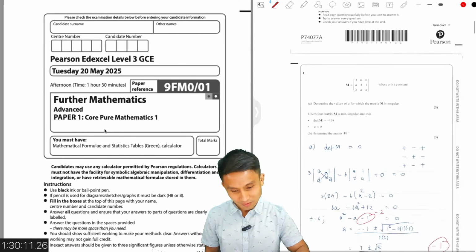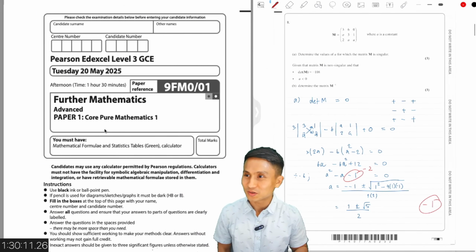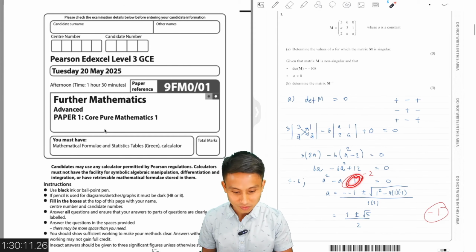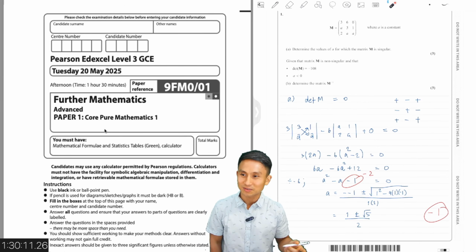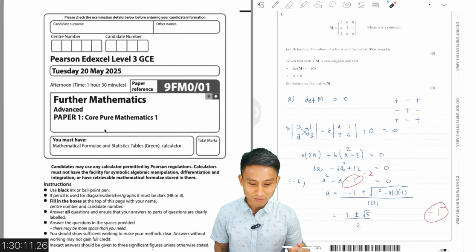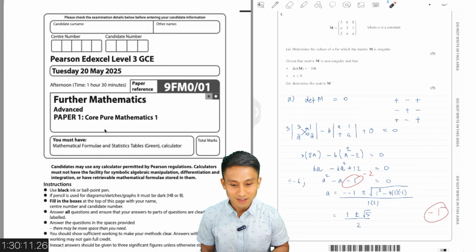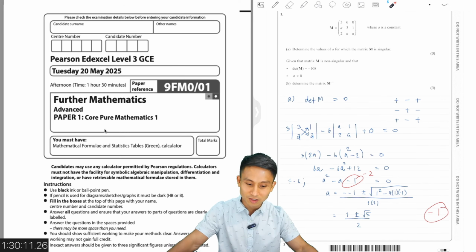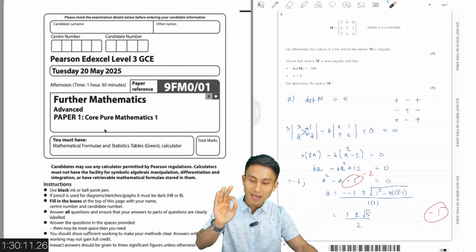Yes, some of them are very stupid, like the first one here. I probably annotated the video already, but this should have been -2. That's why I got some weird answers there, and I only lost 1 mark there, because we got the method for the equation, but I lost the final accuracy mark.